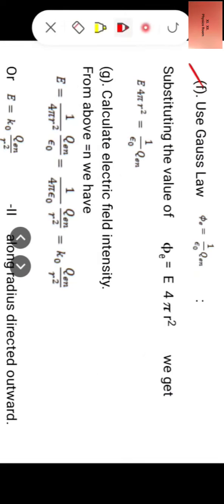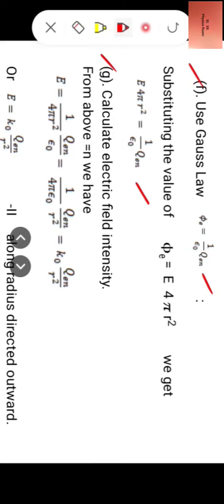F. Use Gauss law. Phi E is equal to 1 by epsilon 0 into Q en, that is charge enclosed. Substituting the value of phi E equal to E into 4 pi r square, we get E into 4 pi r square is equal to 1 by epsilon 0 times Q en, that is charge enclosed. G. Calculate electric field intensity.